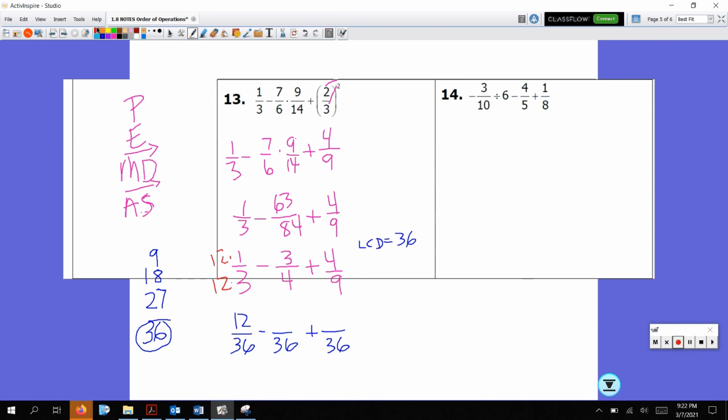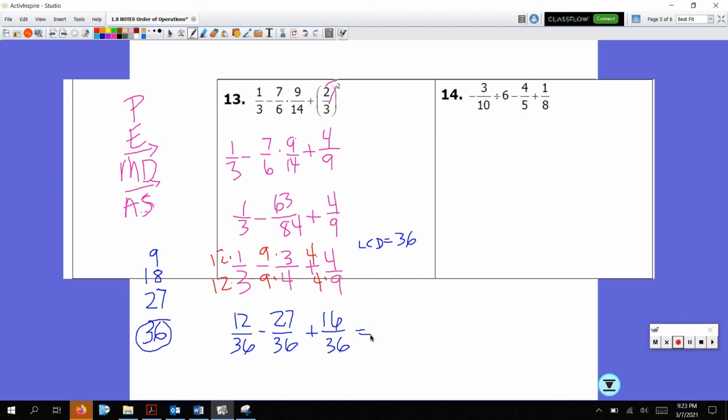For 4, well, 4 times 9 is 36, so we multiply the numerator times 9 and get 27. Last one, 9 times 4 gives us 36, so we multiply the numerator by 4 and get 16. 4 times 4 is 16.